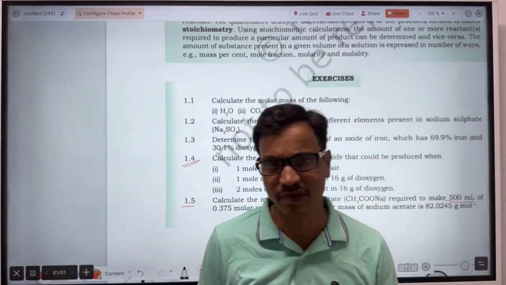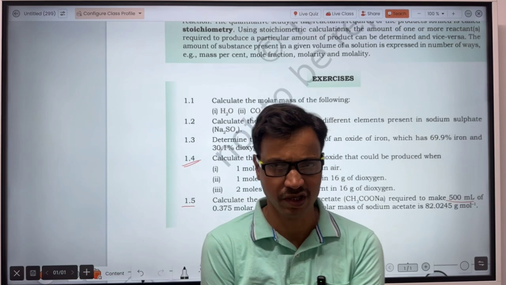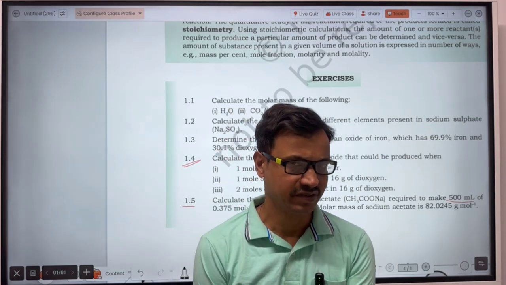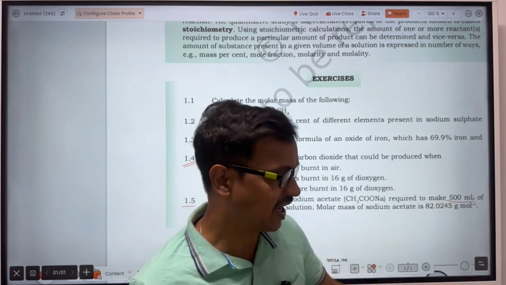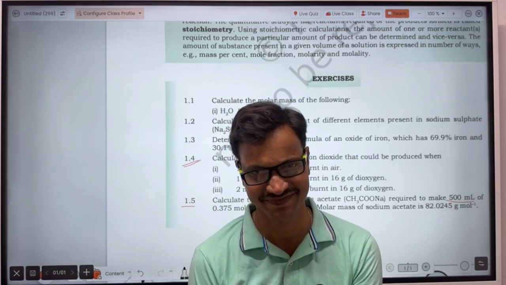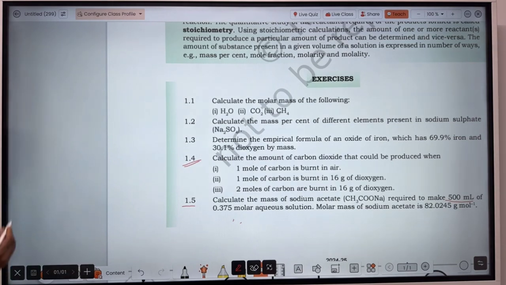Molar mass is here. So the number of moles you find, when multiplied by the molar mass, will be the mass of sodium acetate dissolved in 500 milliliter of the solution. Okay, so let's see here.